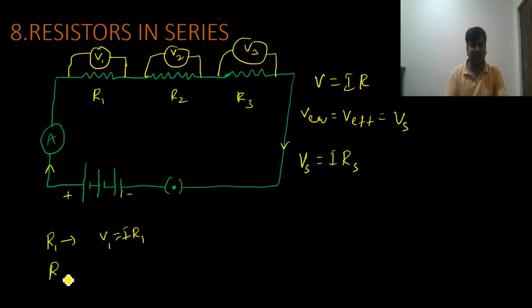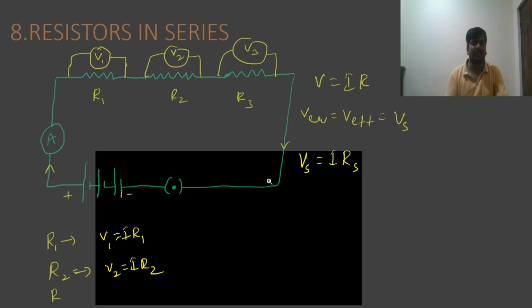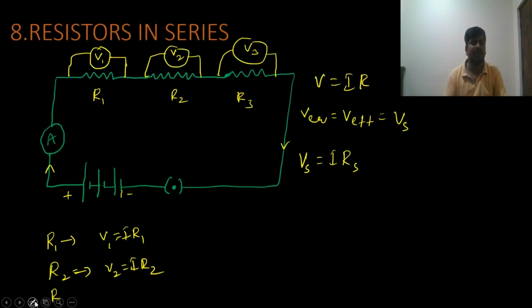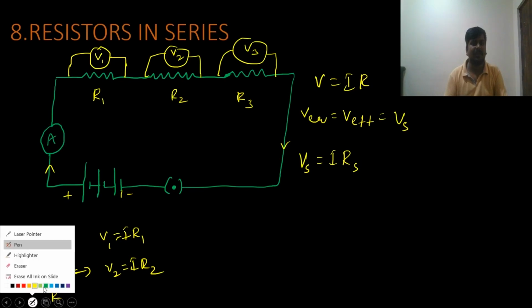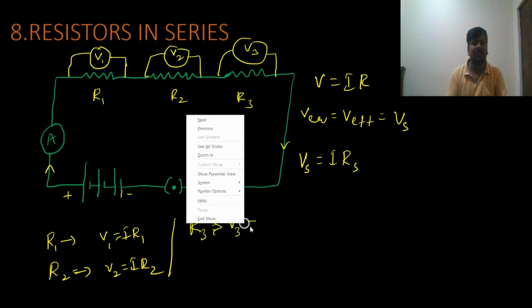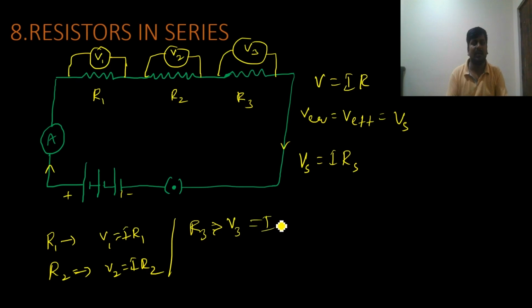For resistor 2, V2 equal to IR2. And for resistor 3, V3 equal to IR3.